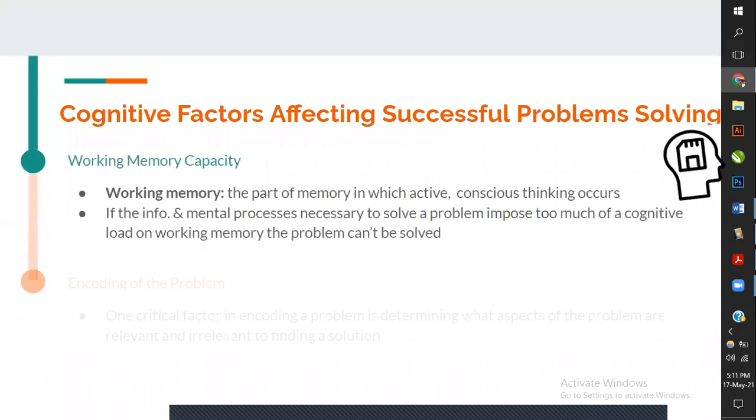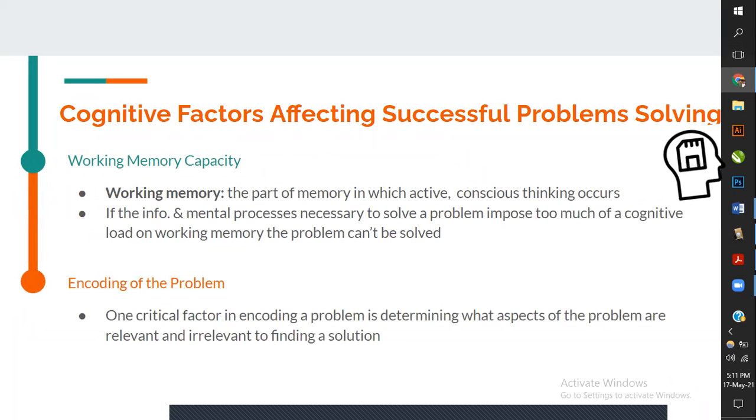Our first factor is working memory capacity, the part of memory where active conscious thinking occurs. If the information and mental processes necessary to solve a problem impose too much cognitive load on working memory, the problem cannot be solved, right?